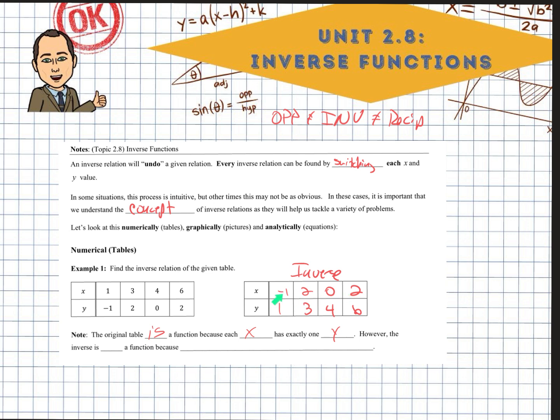Remember what the old definition of a function was? Your x values can't repeat, or every input value has to have one unique output value. We'll get more into this down the road, but as you create inverse functions, you just have to make sure you do all you can to show that they are still a function, even if some values in the domain, the new domain of this inverse, don't work.